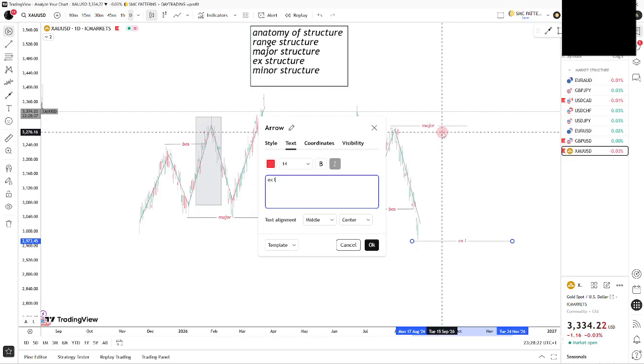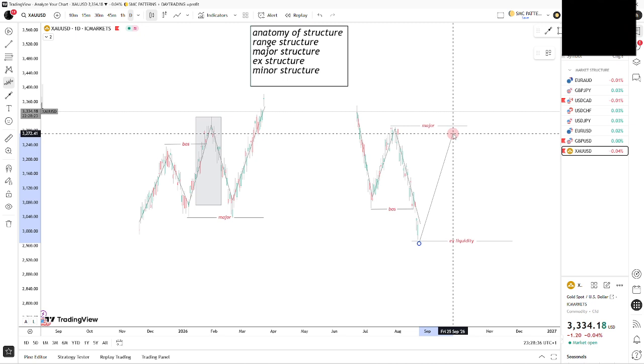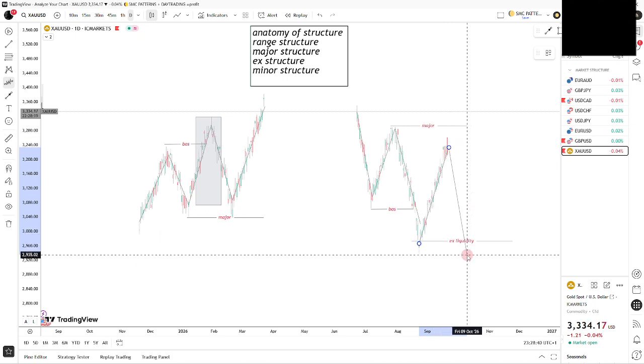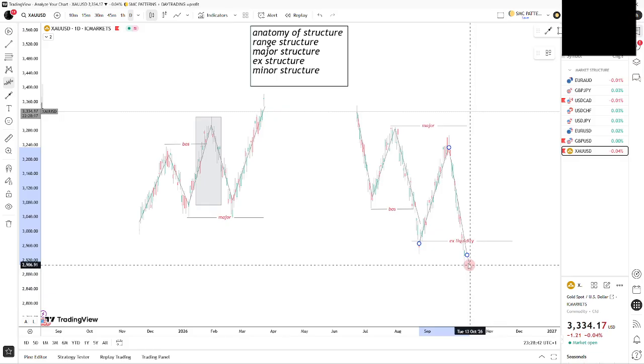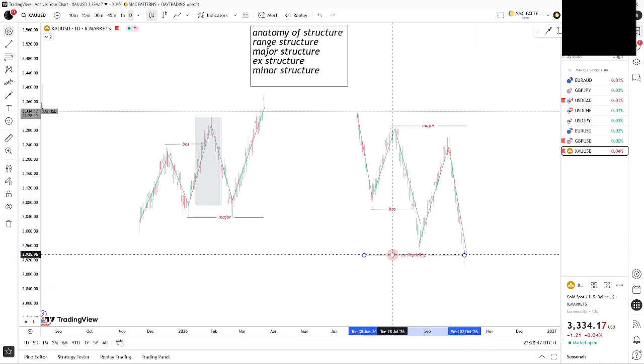External structure, or external liquidity. So I'm expecting that when the market next goes up to here, it should break my external liquidity.